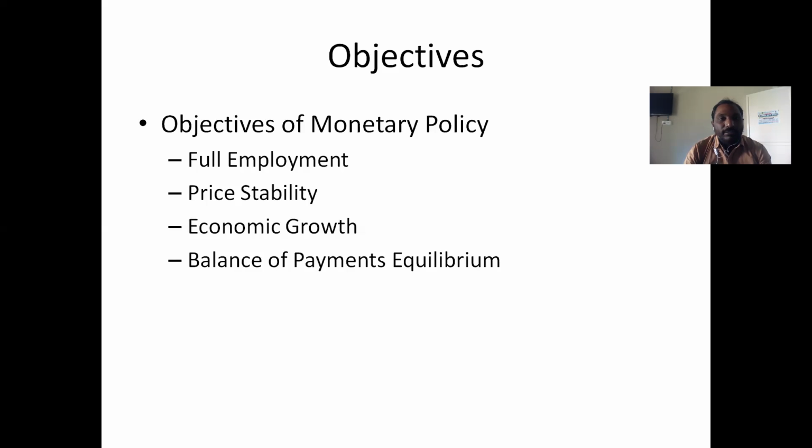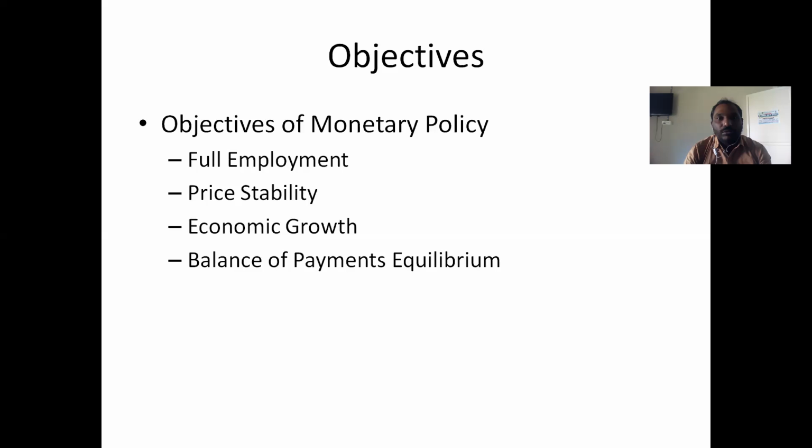And the fourth important objective is balance of payments equilibrium. As you know, balance of payments indicates the international trade affairs done by the country by importing or by exporting our commodities. Equilibrium in balance of payments is necessary.